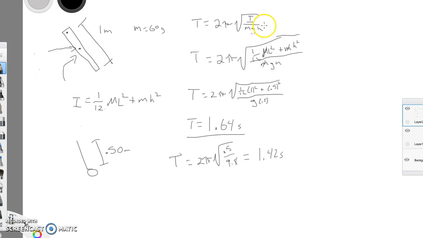Well, what you would notice is that at that point h would be equal to 0, which means that we would be dividing by 0, which means that it wouldn't oscillate. And the reason why is there is no gravity at that point, can't exert a torque, since the center of mass is located at the point of rotation. Alright, and you should also think about the fact that as h gets smaller, that period gets bigger and bigger and bigger and bigger. Okay?